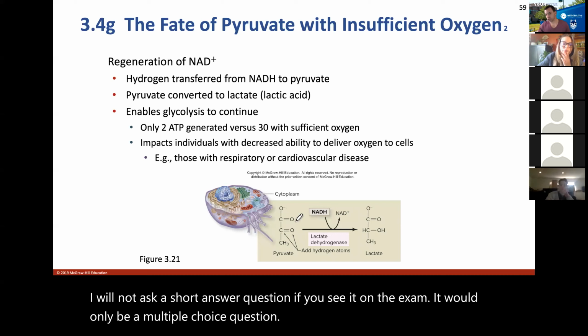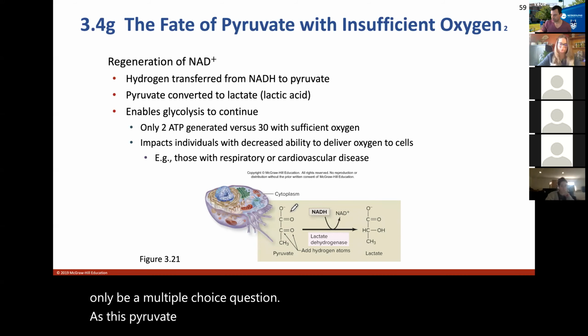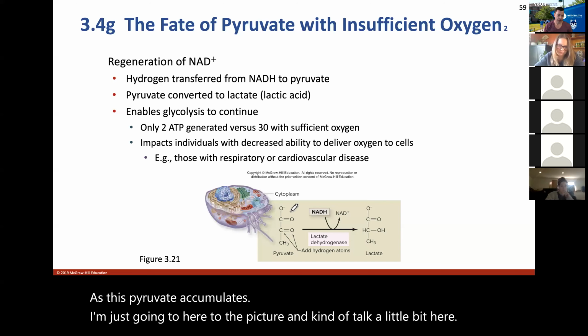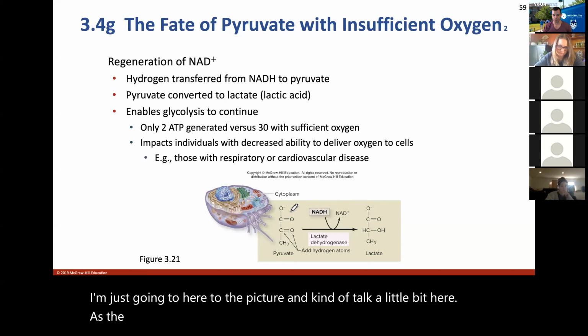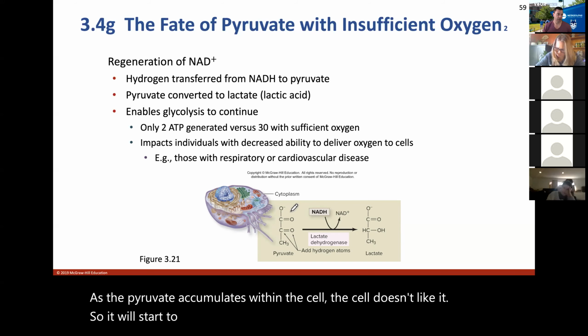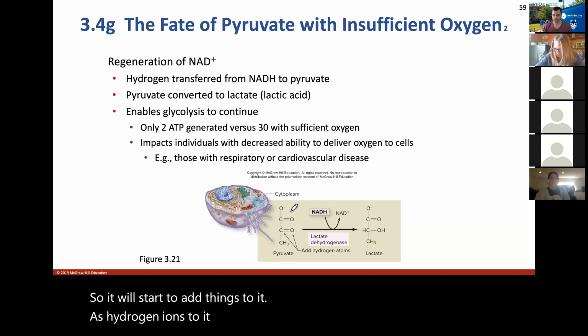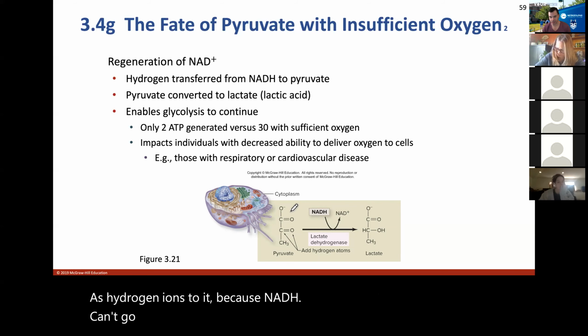As this pyruvate accumulates, I'm just going to go here to the picture and talk a little bit here. As the pyruvate accumulates within the cell, the cell doesn't like it. So it will start to add hydrogen ions to it, because NADH can't go anywhere, can't get in the mitochondria.